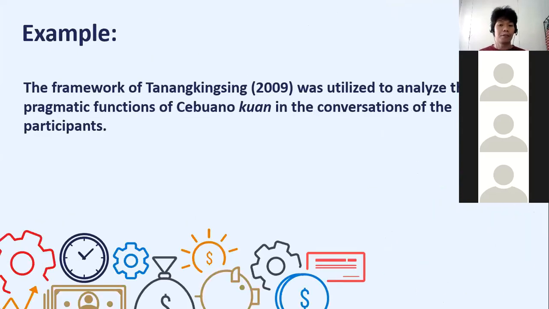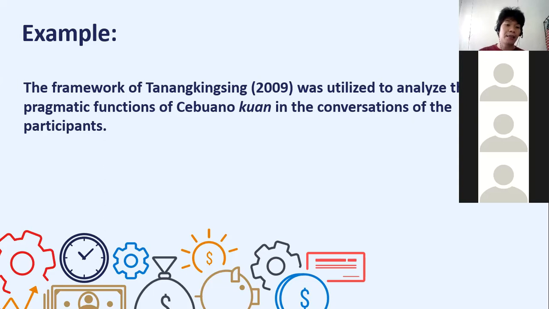So example, this specific study just used the theoretical framework or the theory base of the study. This specific example of research abstract did not include anymore the procedures or the research participants.